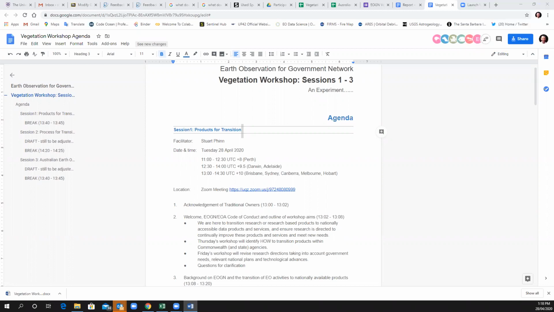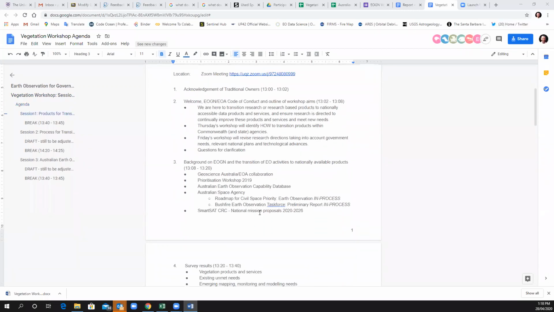Again, if there are questions or points of clarification, please type them into the chat window and we'll try and address them. Looking at the agenda in terms of the background to where we've gotten to today, the concept of the Earth Observation for Government Network came from a number of places around the country, but was primarily driven two years ago by Alan Metlenko and Norman Mueller, Geoscience Australia, and also Alexis McIntyre when Alexis was there.